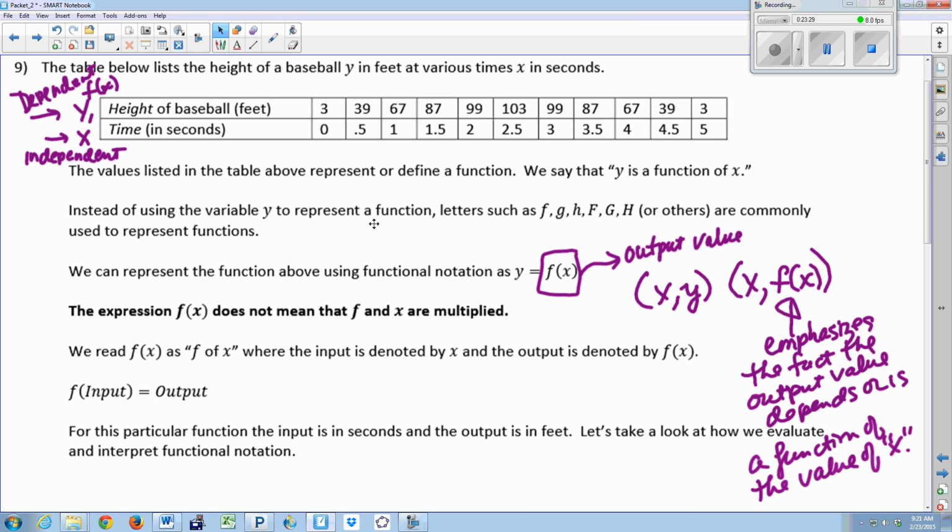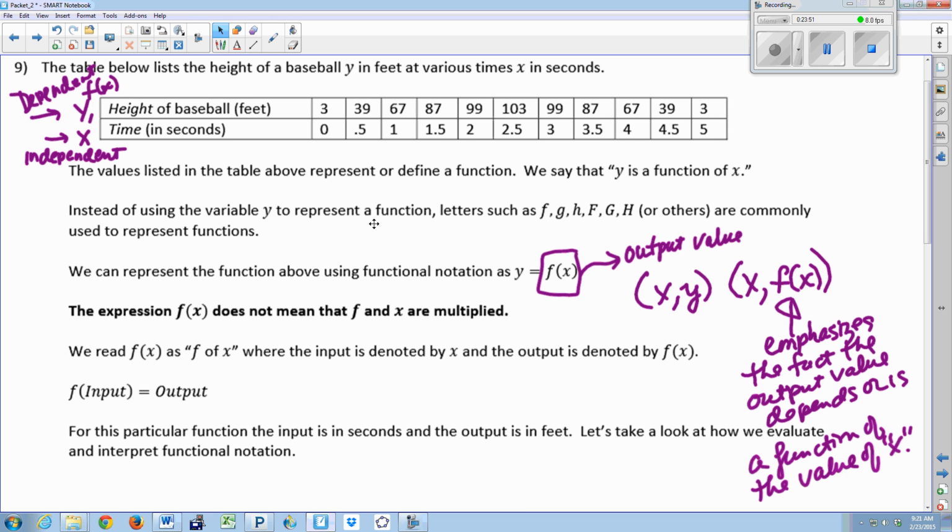Sometimes when students first see this notation, because you were trained so well when you first learned algebra that when you saw parentheses it meant multiplication, sometimes people think that some multiplication is going on here. But this does not mean multiplication. It simply takes the place of this language, f of x.